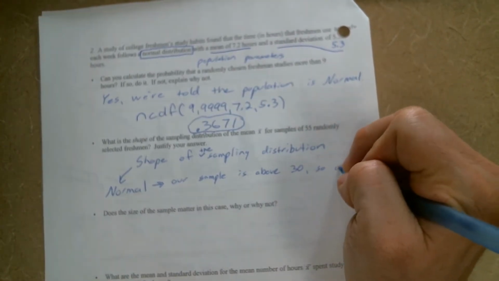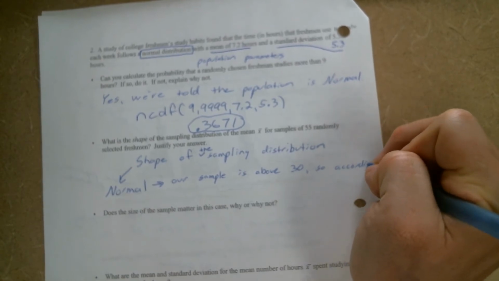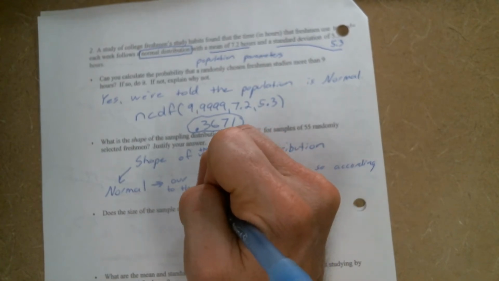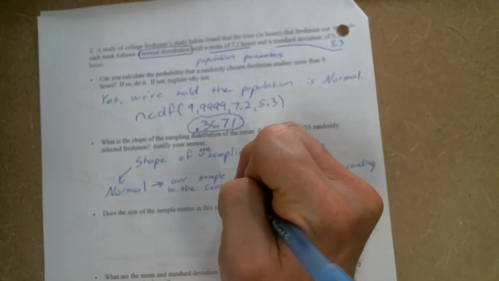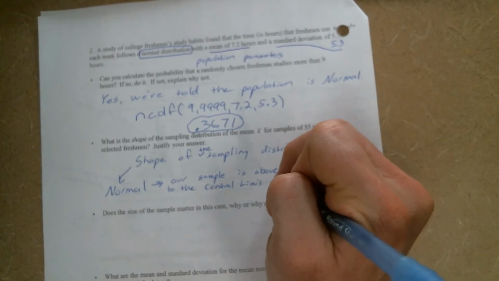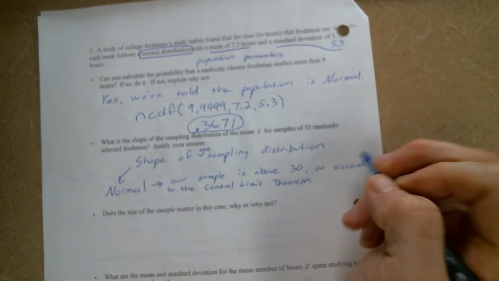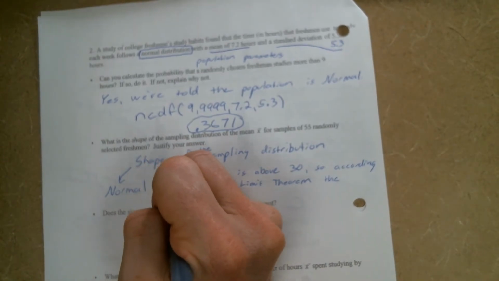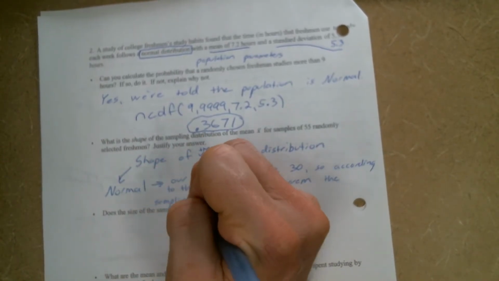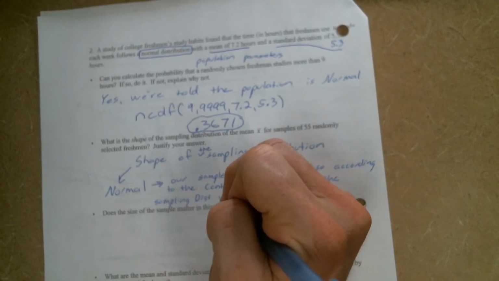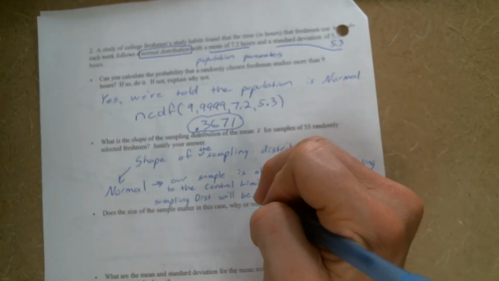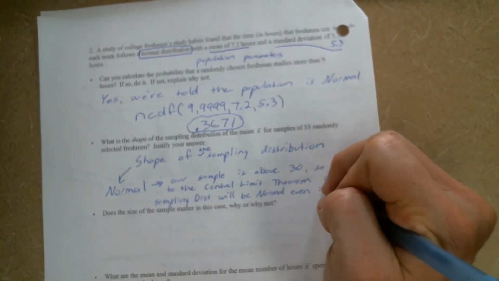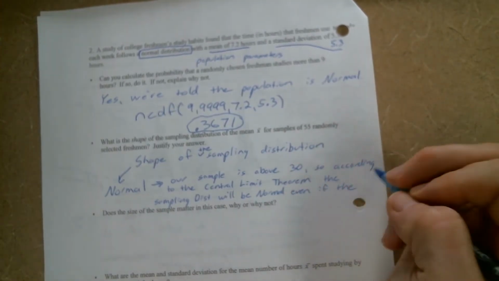So according to the central limit theorem, the sampling distribution will be normal even if the population is not.